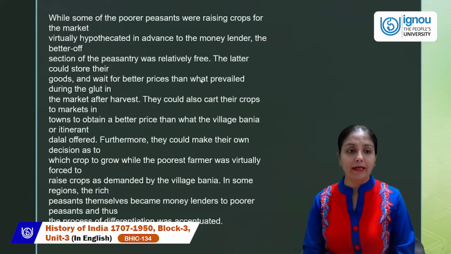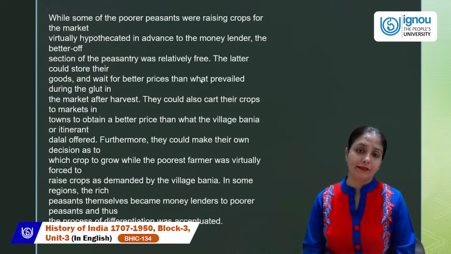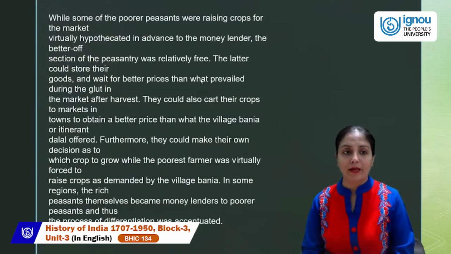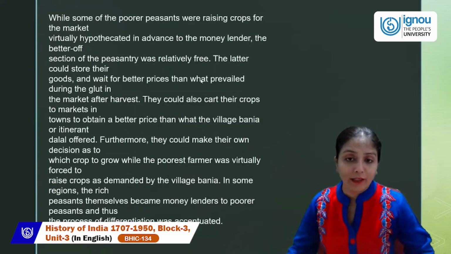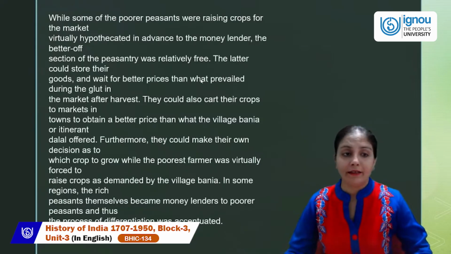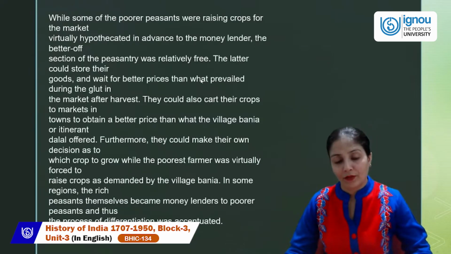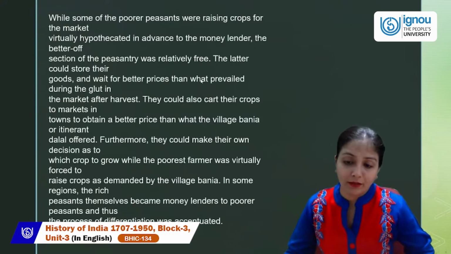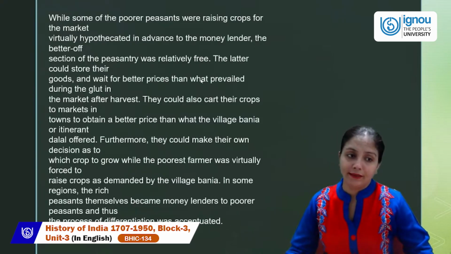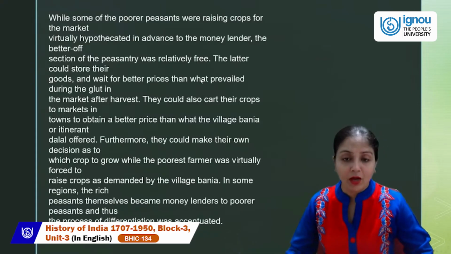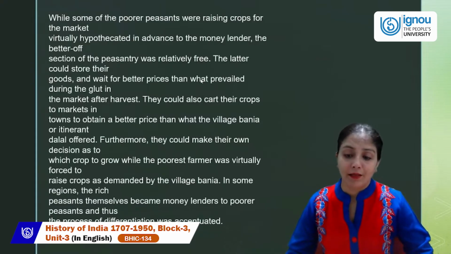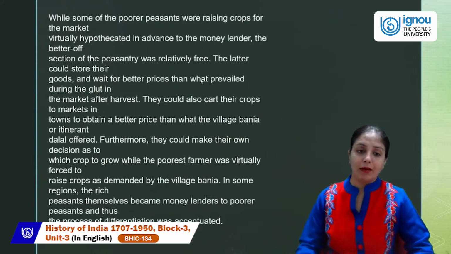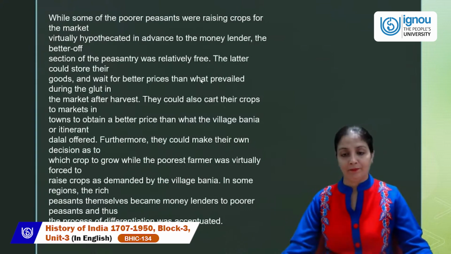They could also cart their crops to markets in town to obtain a better price than what the village bania or itinerant dalal offered. Furthermore, they could make their own decision as to which crop to grow, while the poorest farmer was virtually forced to raise the crops demanded by the village bania.